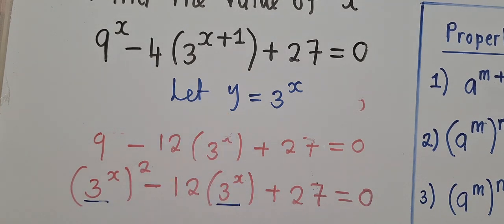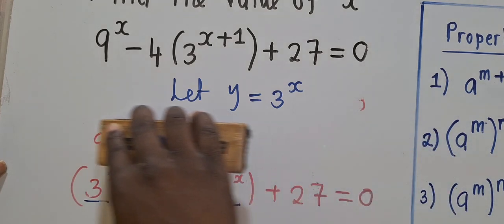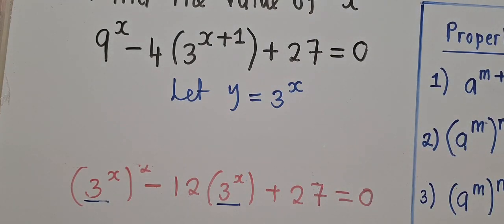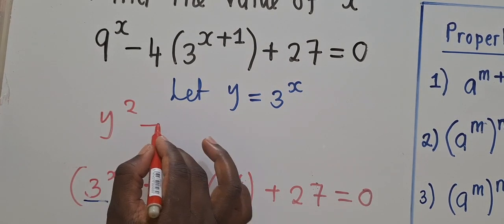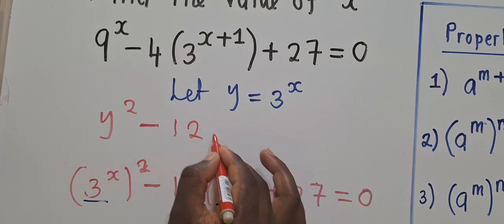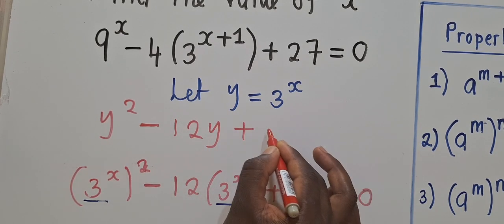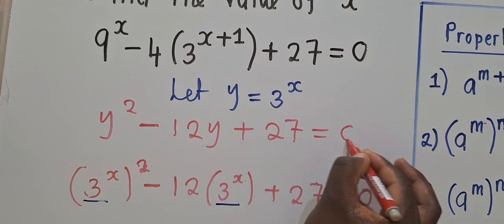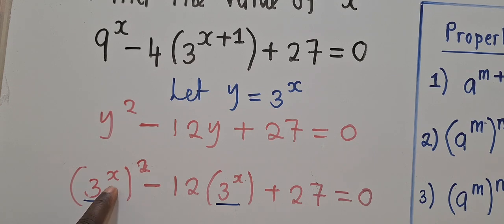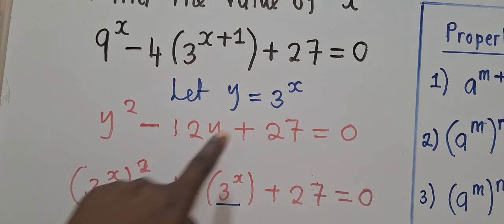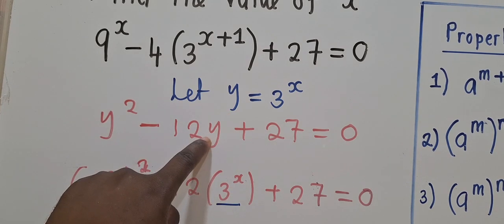Me, I've said y because I want to come and solve this letter because of the power x. So all this will be y power 2, because here there is a power 2, y power 2 minus 12 y plus 27 is equal to 0. You see, I've substituted the y where there's 3 power x, and this is what we have.